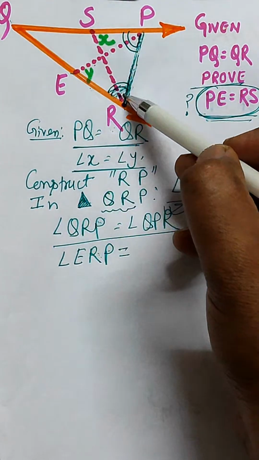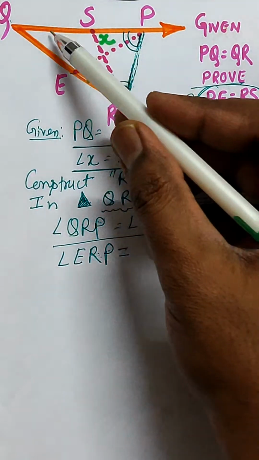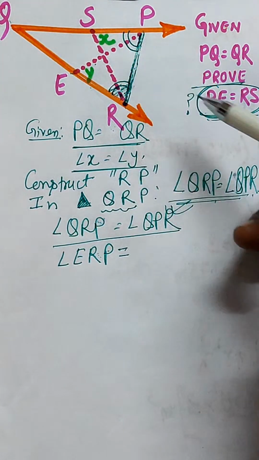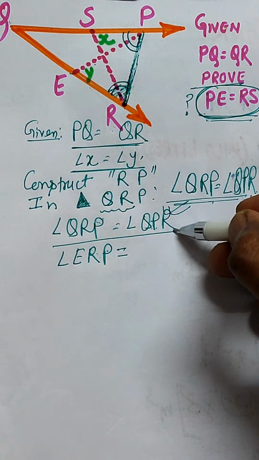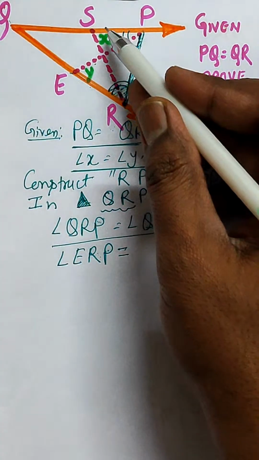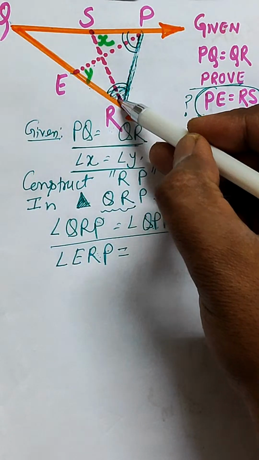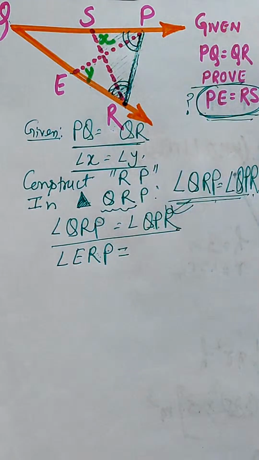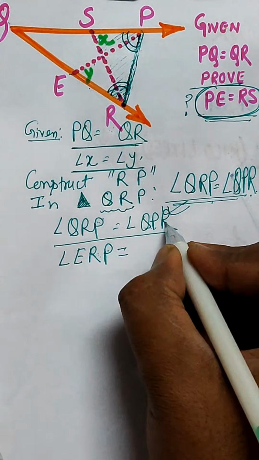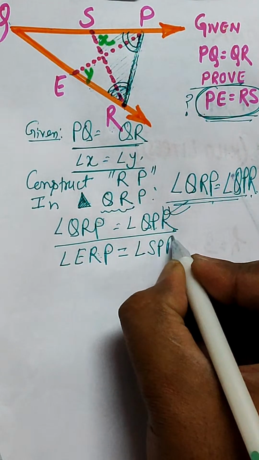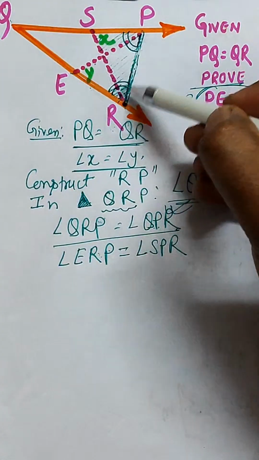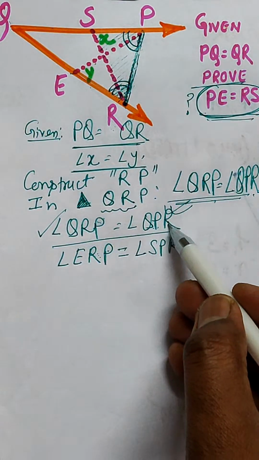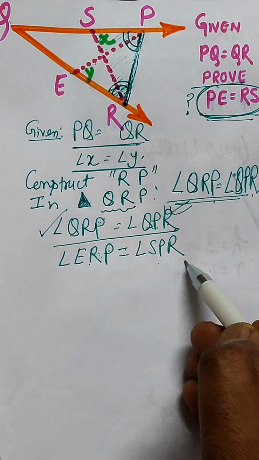And QPR, this second angle, can be written as equal to SPR, because now we are considering this smaller triangle. Then we can say that angle QPR is equal to angle SPR. Basically, these two angles are equal, and these can be written either as QRP equal to QPR or ERP equal to SPR.